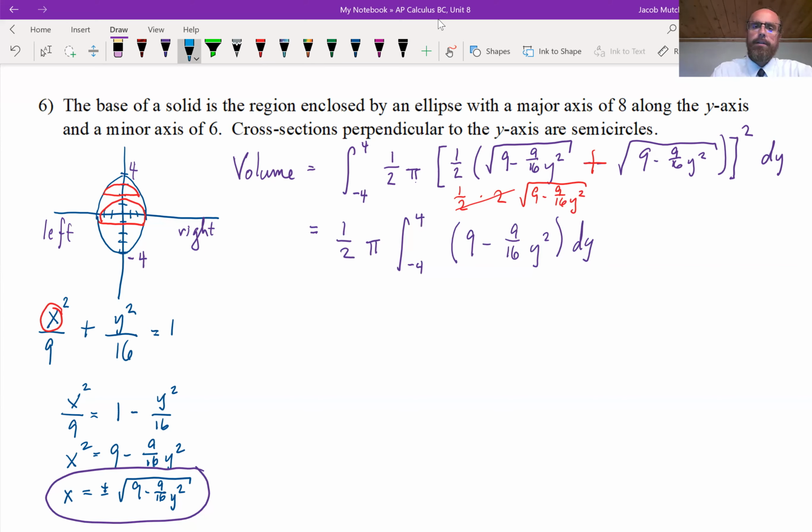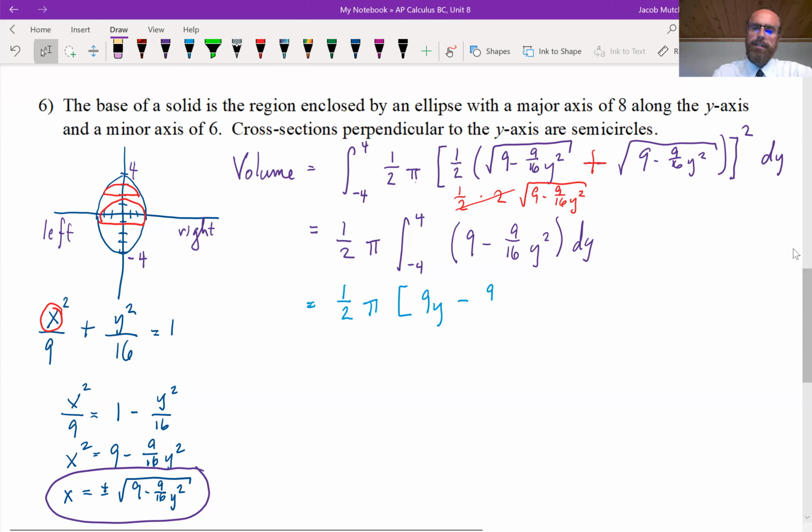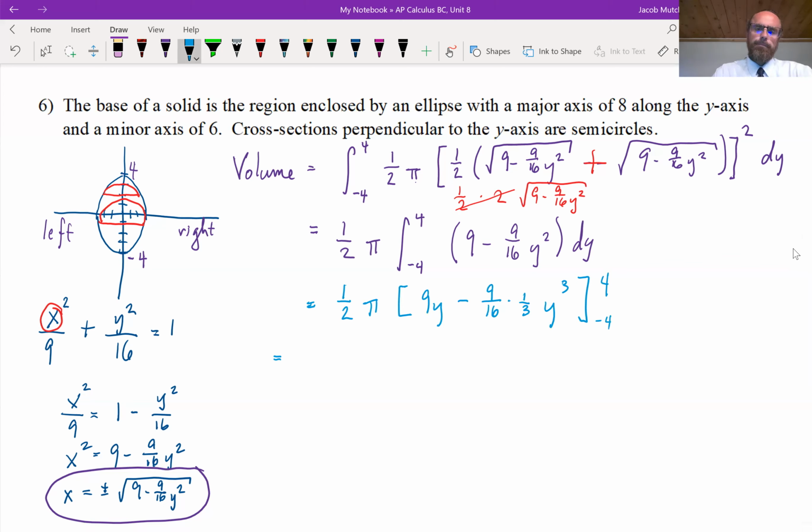So now what we've got is equal to 1/2 pi, and then we treat those as constant coefficients, times 9y, integration of 9, minus 9 over 16, times 1/3 y cubed, and we're integrating from -4 to 4. So as I bring that to my next step, I want to simplify this interior, basically this fraction times a fraction.